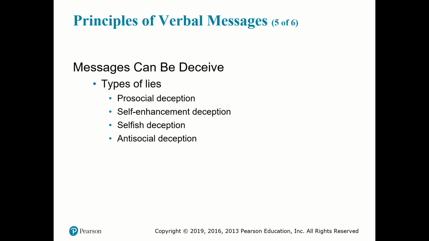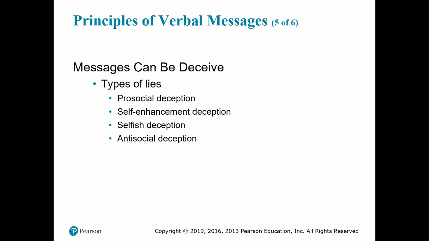And instead of confessing that I broke the lamp because I was throwing a ball in the house, I said that someone actually came in here and all they did was knock the lamp over and then they ran out the door laughing. Well, I was doing so to protect myself. I lied to protect myself in that case. By the way, this didn't actually happen. That would be a selfish deception.